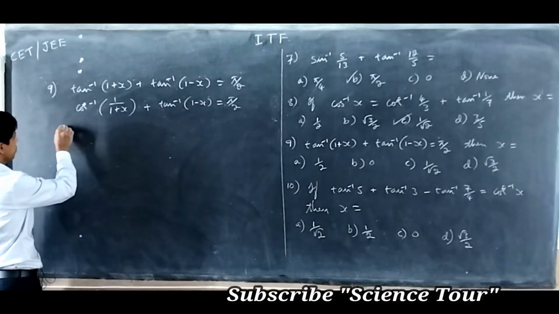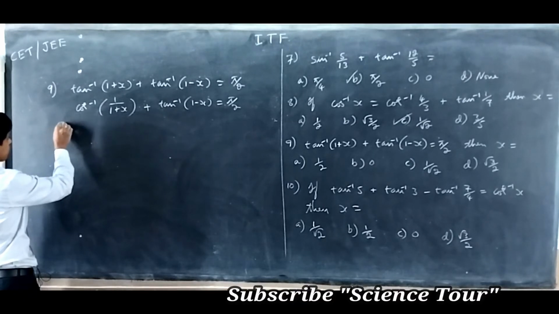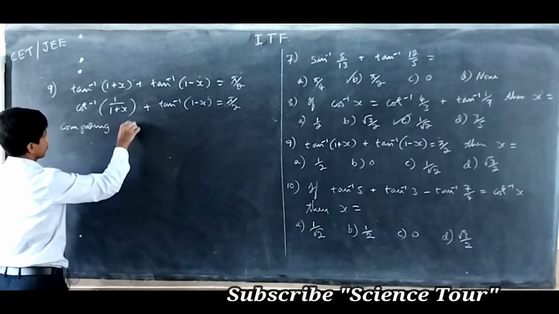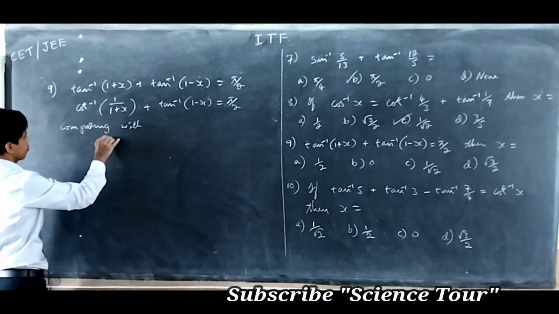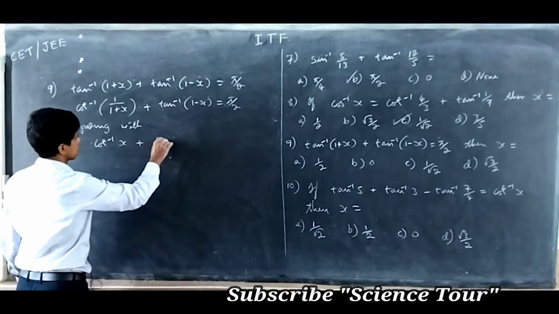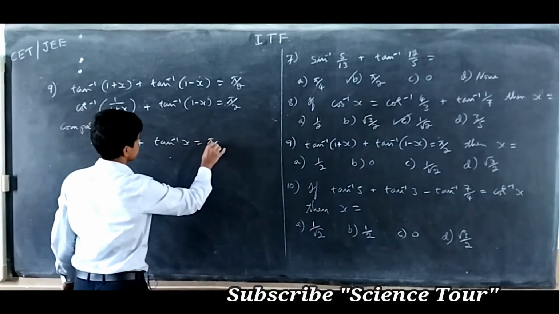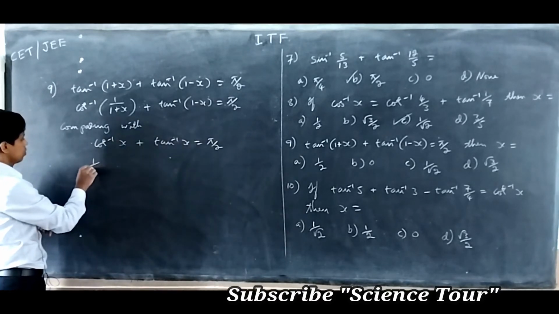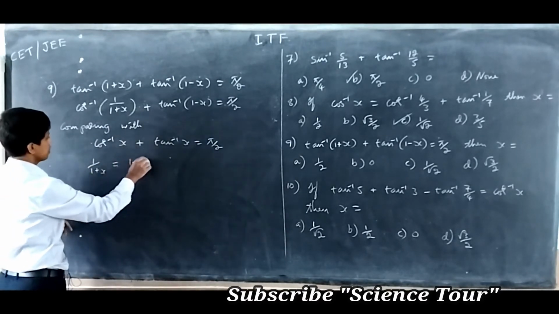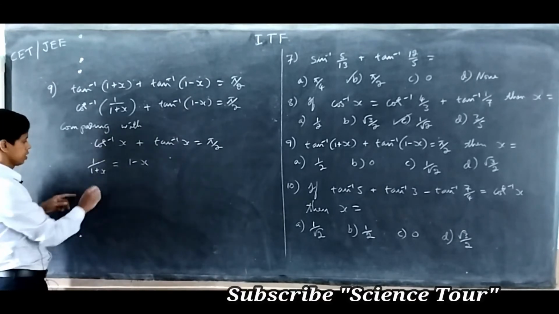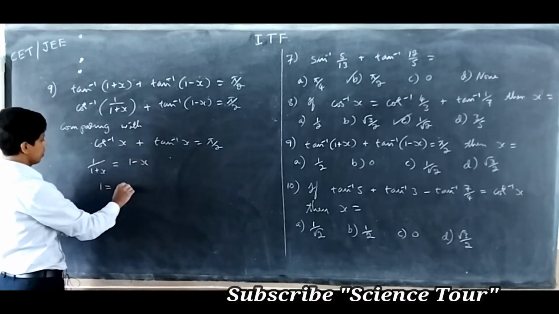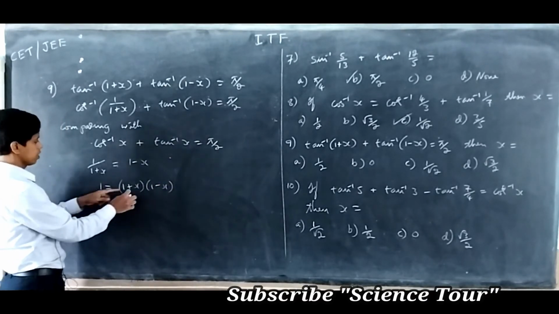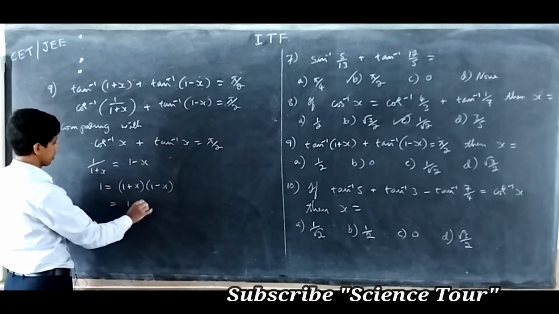So comparing with cot inverse x plus tan inverse x is equal to pi by 2, we can say that these two must be equal. So 1 by 1 plus x must be equal to 1 minus x. Alright, so that is equal to 1 plus x into 1 minus x. So that is like a square minus b square.